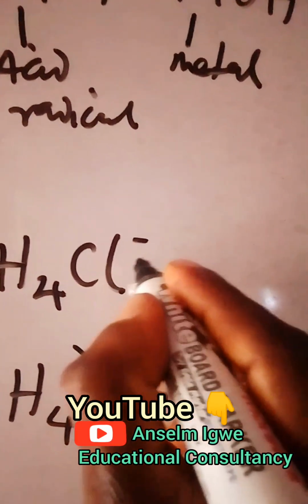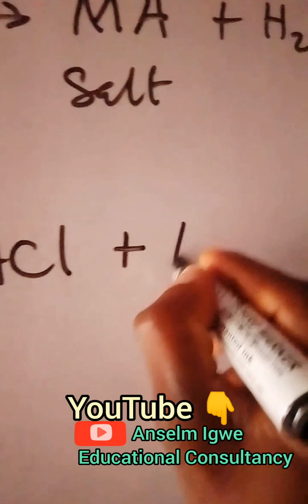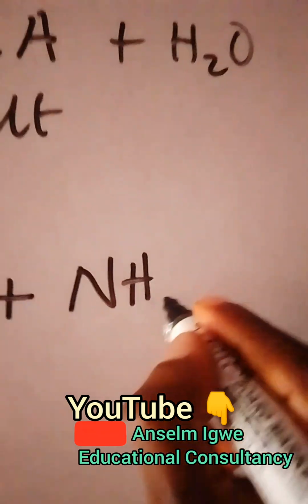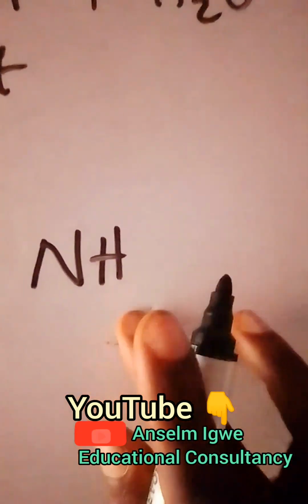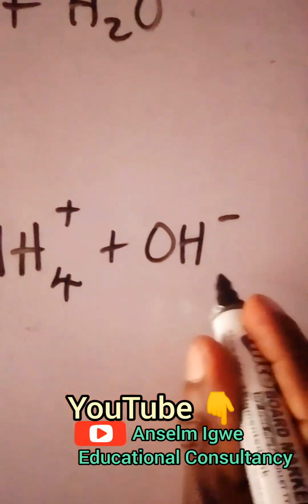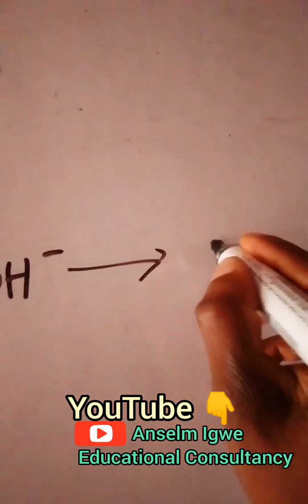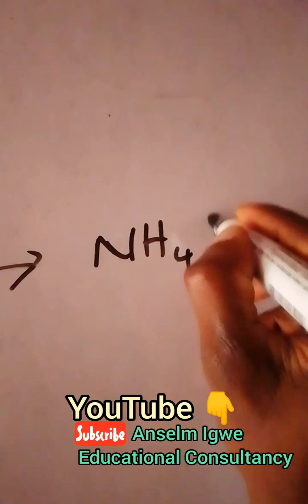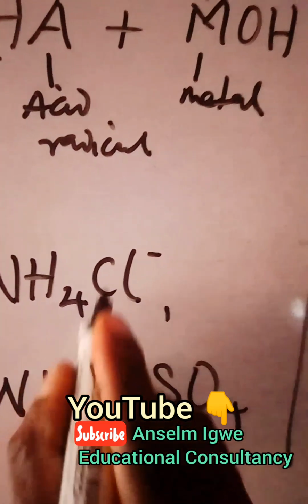This ammonium chloride would have been formed by reaction between hydrochloric acid and aqueous ammonia, which is ammonium ion plus hydroxide ion. When these two react, ammonium ion will react with chloride to form ammonium chloride. OH minus will react with H to form water. So hydrochloric acid reacts with aqueous ammonia to form this salt.